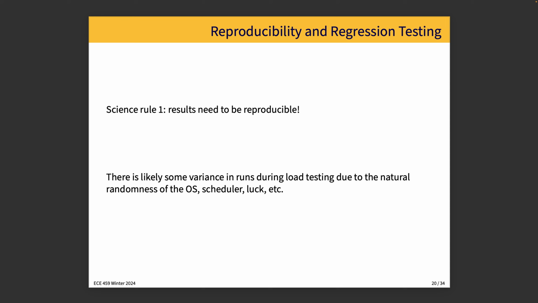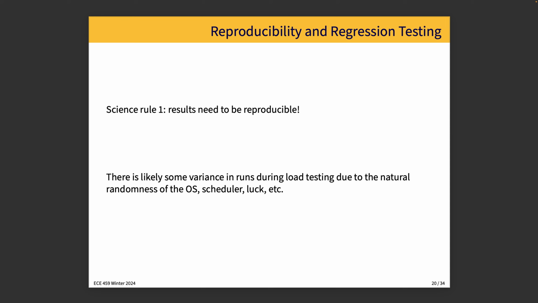Okay, and then there's a need for reproducibility. Rule 1 of science is that results need to be reproducible. That is, 2 different runs of your load testing of the same code should produce results that are similar. There is always a potential for a little bit of variation. Unit tests expect results to be the same every time, but load testing often has a larger degree of randomness and variation during runs, just because of the natural randomness of the operating system and the nature of the workload.